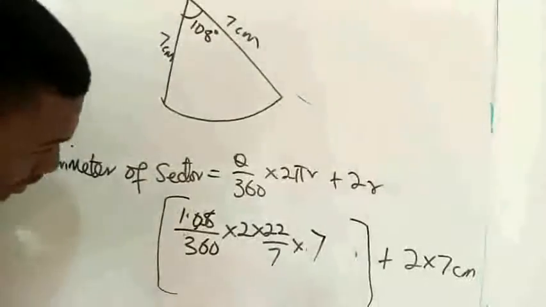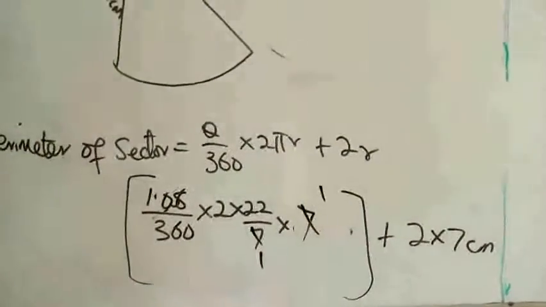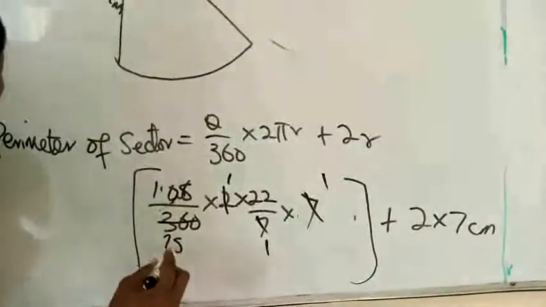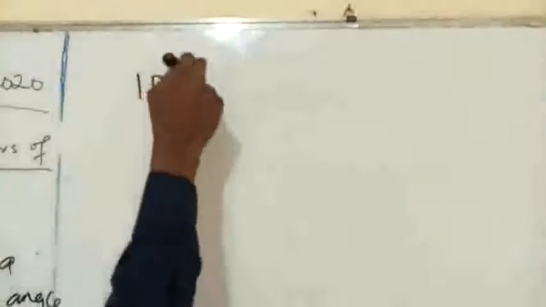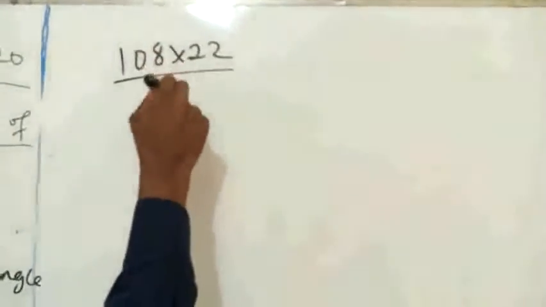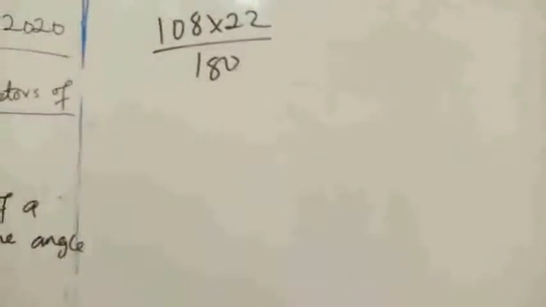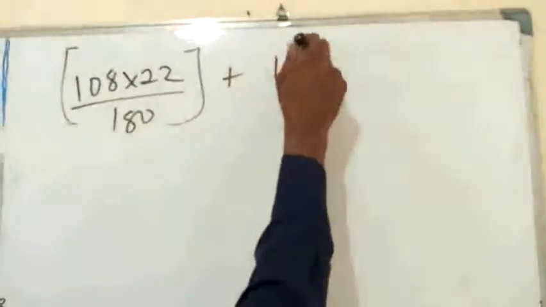We divide. 7 into itself is 1. 2 into itself is 1, 2 into 360 is 180. We are left with 108 times 22 all over 180. Then plus our 2r, which is 14 cm.